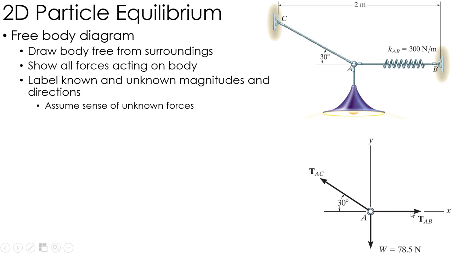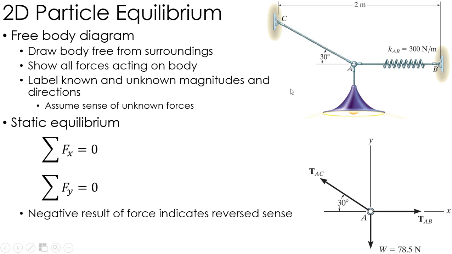I have this spring force acting in the X direction. I'm assuming the spring is elongated, therefore the spring's pulling on it, so I'll make the assumption that it's pulling. And then I have this tension in cable AC. I know that's in tension, so I know it's pulling on point A, because cables have to be in tension. So that's a free body diagram of the drawing we have above.